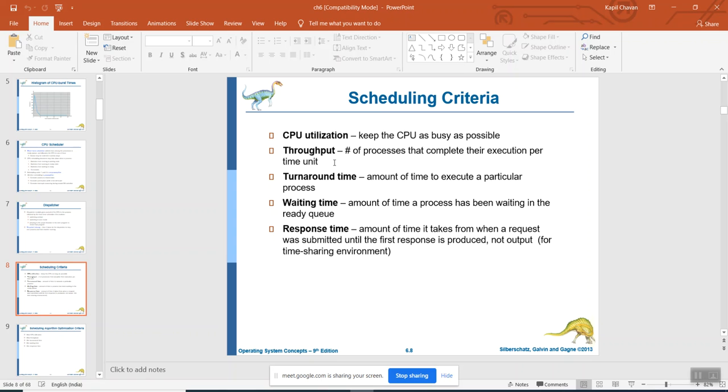That is the meaning of throughput: the number of processes that complete execution per time unit. You can also take 1 second as the unit.